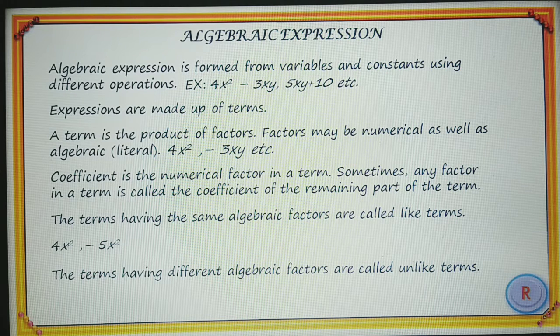The terms having different algebraic factors are called unlike terms. For example, 4x square, minus 5xy square. They are unlike because they have different algebraic factors.